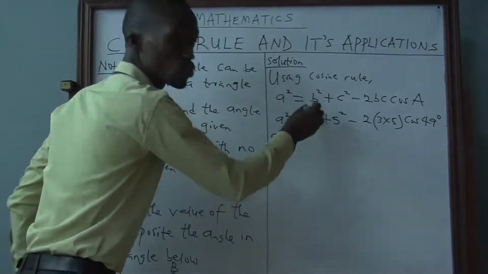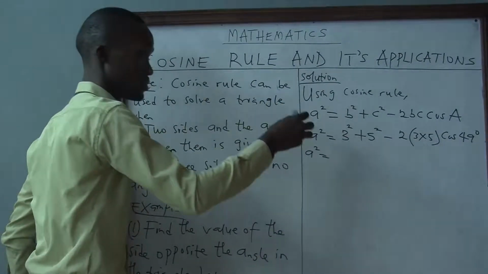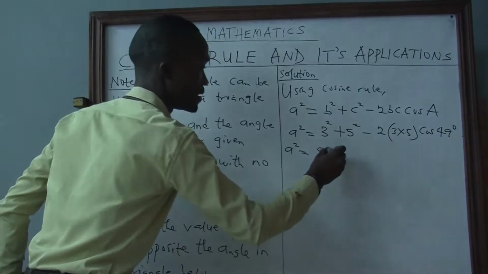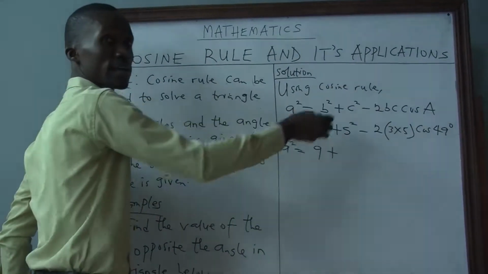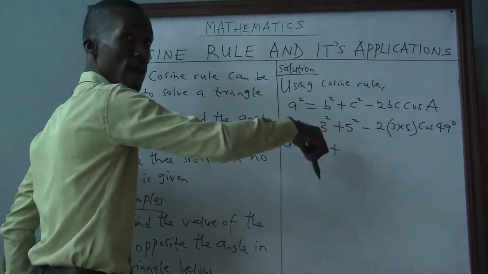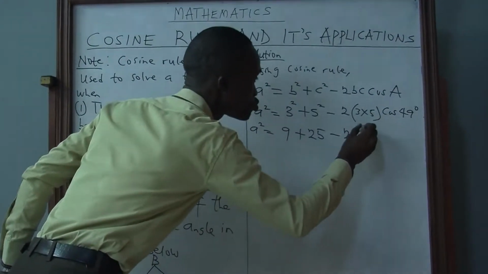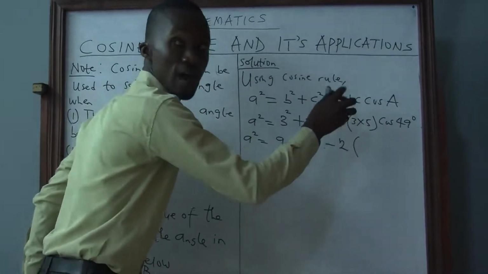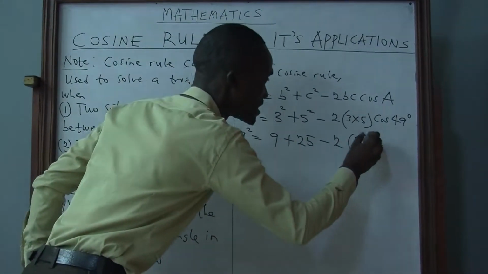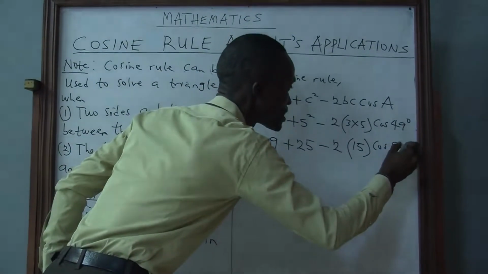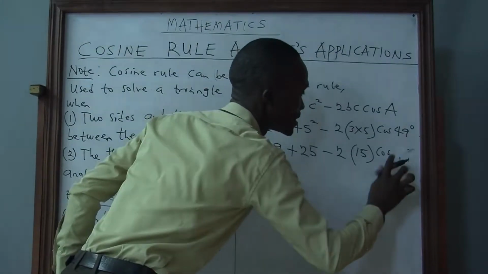A square, 3 square is 3 multiplied by 3, which is 9. Then 5 square is 5 multiplied by 5, and that is 25. Then minus 2 into 3 multiplied by 5 will give us 15. Then cos 49 degrees.